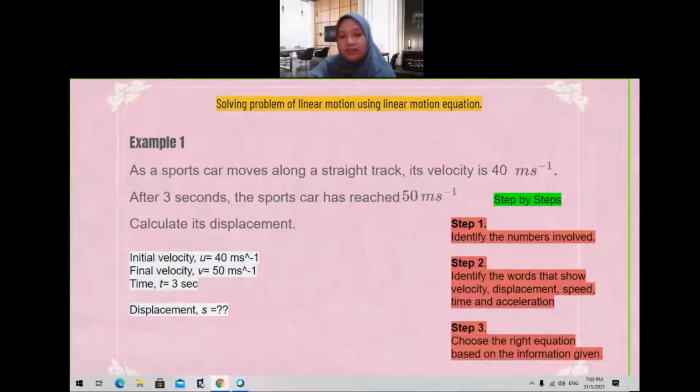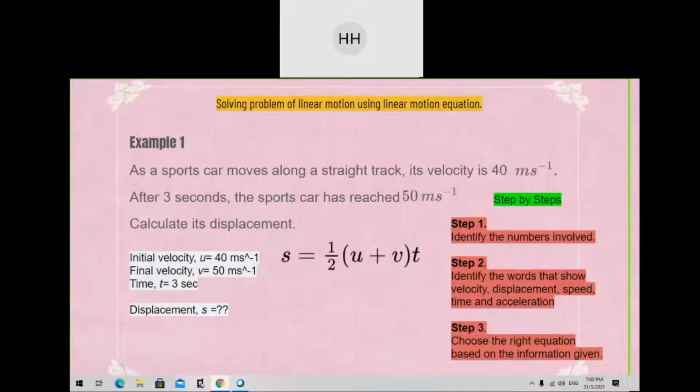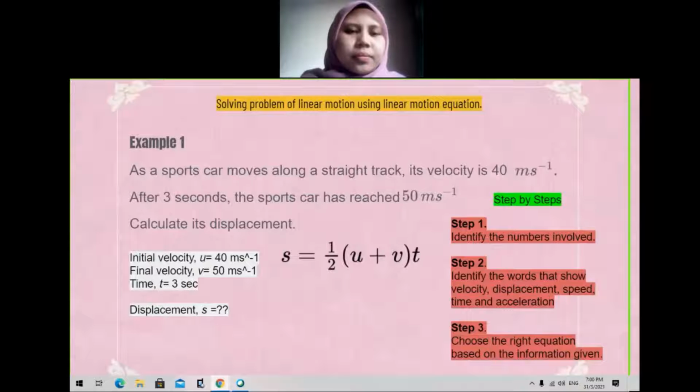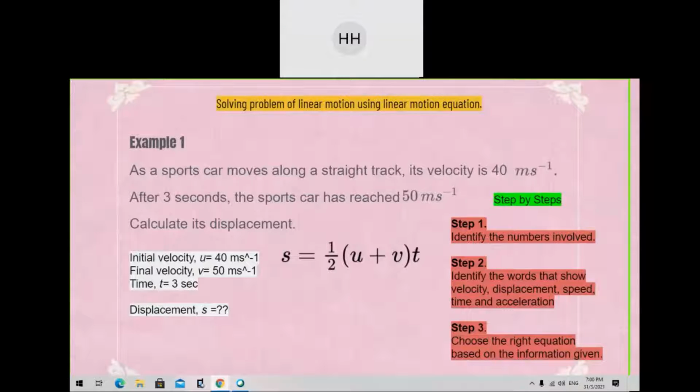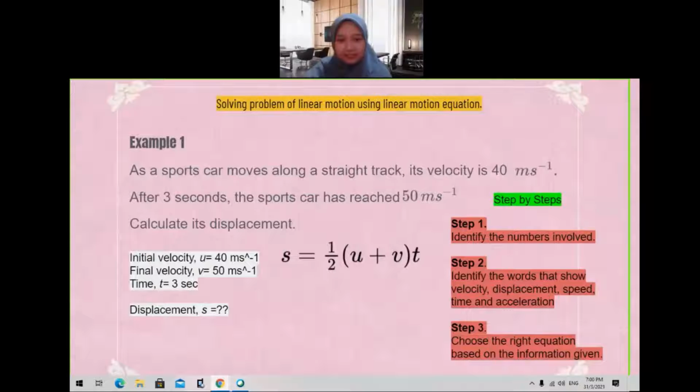Yes. So which formula are we going to use? We have U, we have V, we have T, we have S. V minus U divided by T? No. So we have the formula of displacement, U plus V divided by 2 times T. Yes, right.